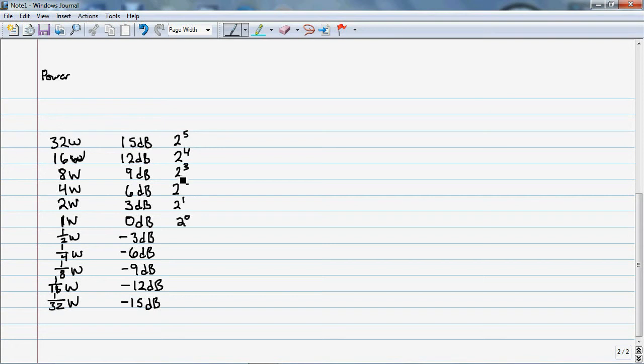So we're just changing the exponent by 1. We're using this 2 as a base because I'm doing double. I'm just increasing by 2 every time.